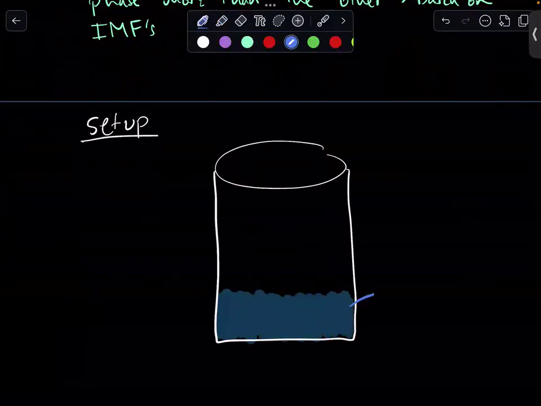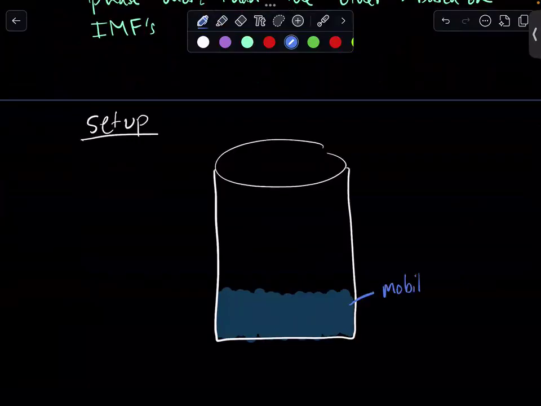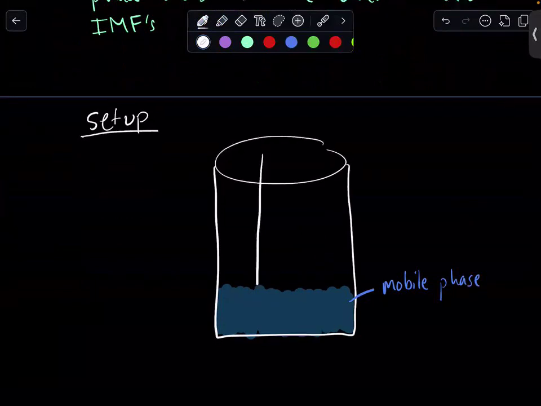And this liquid is what we refer to as our mobile phase as it moves. So it's going to be moving up our chromatography paper. Our chromatography paper will be dipped in so that the tip is just in, and usually we will set this up so it's attached above the edge of the beaker. And on that, we usually draw a line as our starting point, and that line is usually in pencil.